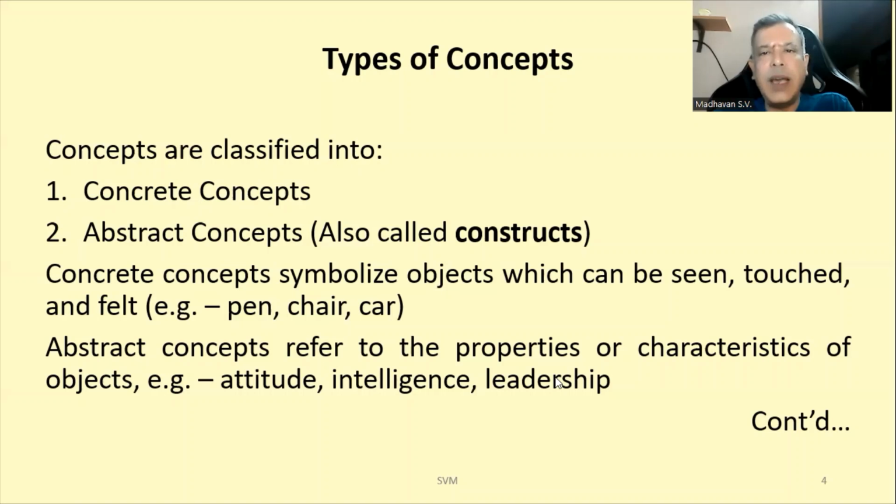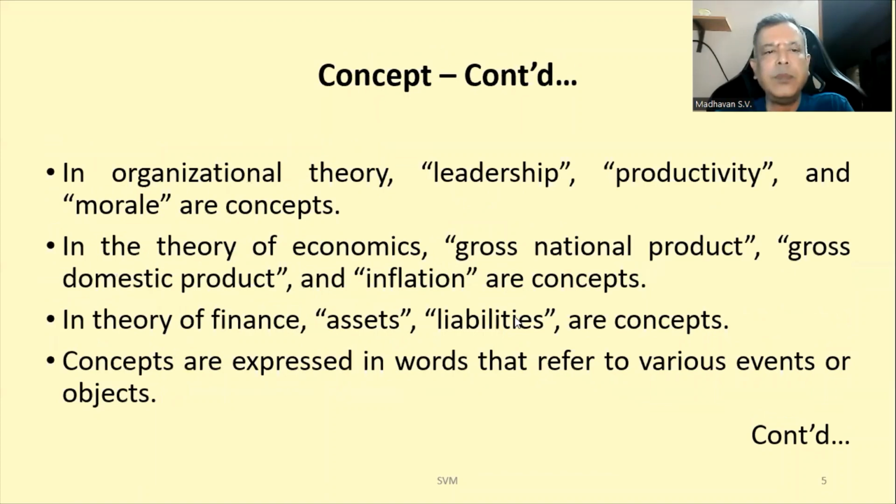All of these cannot be directly measured. You need to create a variable and, using that variable, you can measure. For example, for intelligence, I can create a variable as IQ level, measure the IQ level by conducting some tests, and then from that, I can judge the intelligence. So that is considered to be an abstract concept. In organizational theory, leadership, productivity, and morale are concepts.